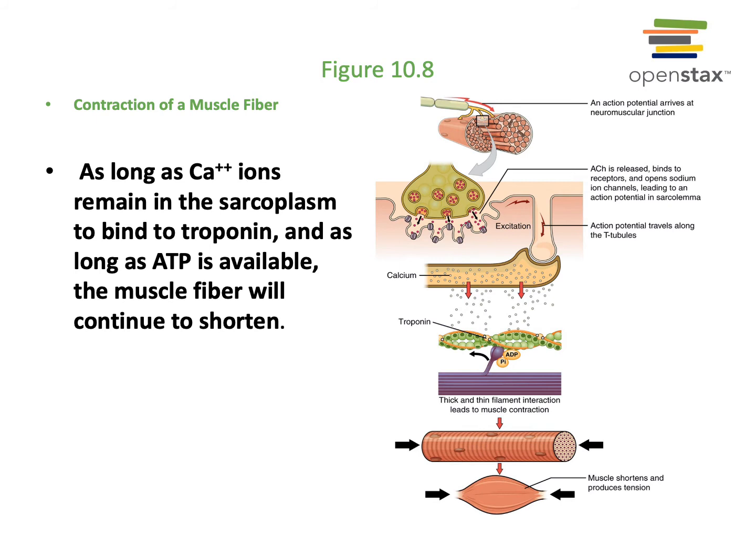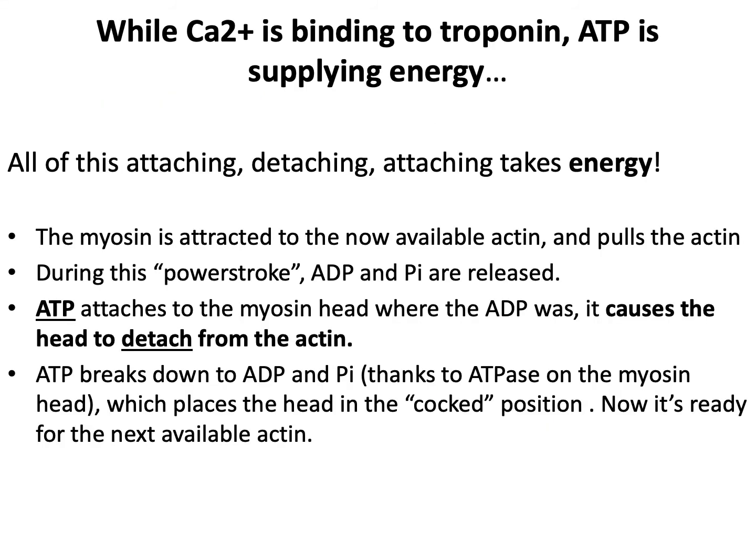Thank you very much. This is about the ATP, and it's really important. That's why it's bolded. ATP attaches to the myosin head, causing the head to detach from actin. So once it attaches, that makes the myosin head let go and go back down to that cocked position.